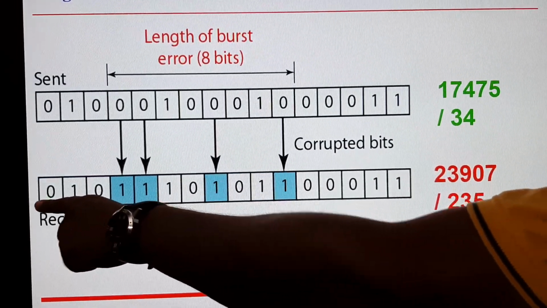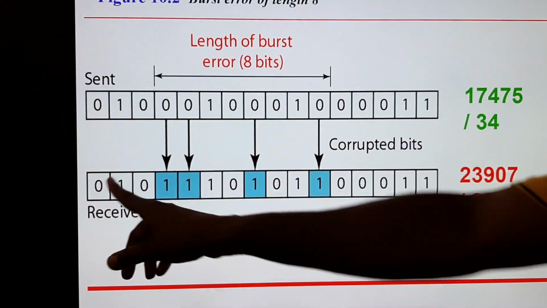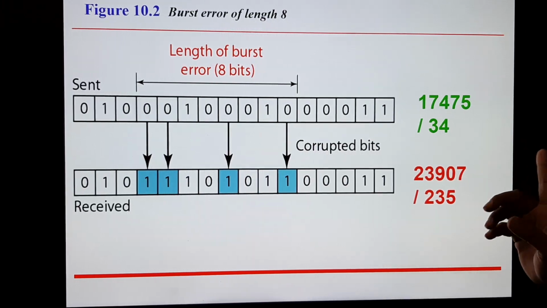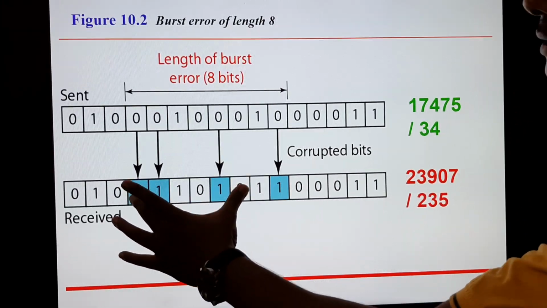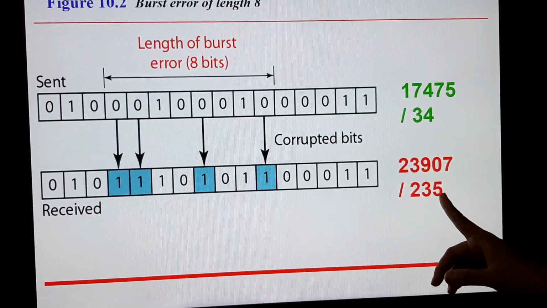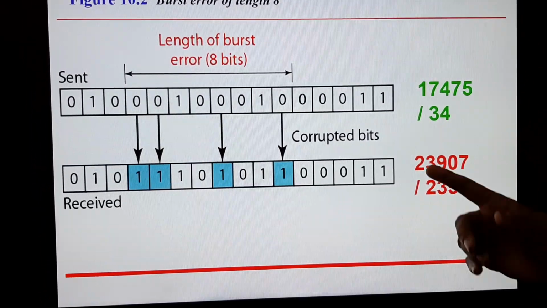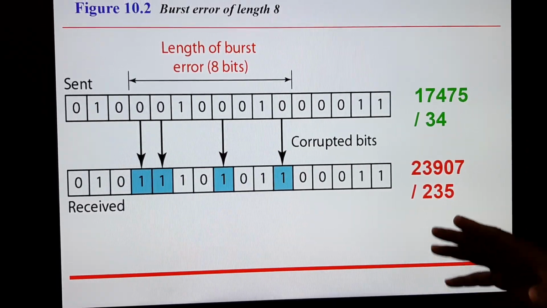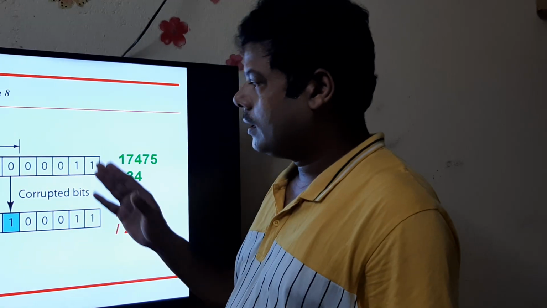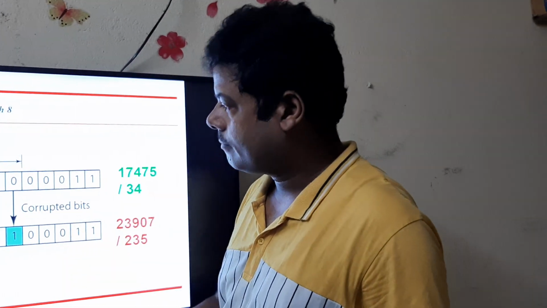On the receiver side, the output for the whole bit pattern is 23907. For this 8 bit, the output is 235. It is a difference of 199 in decimal value. So it's a huge error, more than 1 bit, so it is known as the burst error.